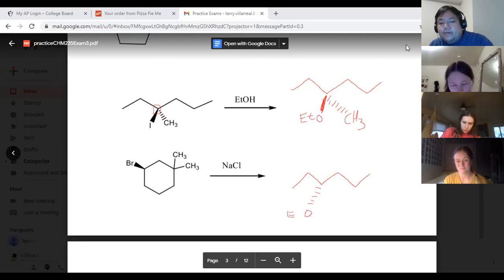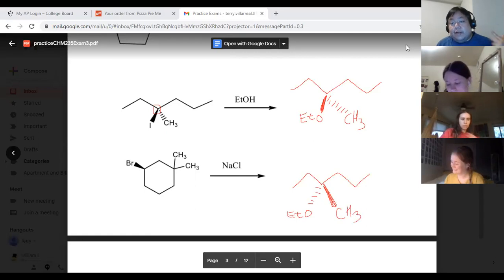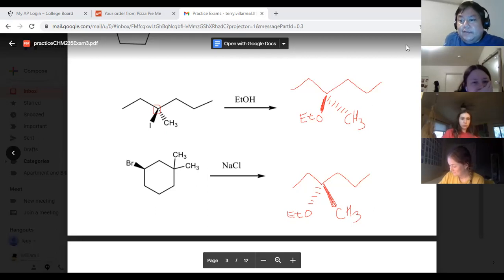It doesn't matter which side we draw it on, just as long as we clearly distinguish that one is a wedge, one is a dash. So that's the only important thing. But in an SN1 reaction, when you have a stereo center, you're going to get a mixture of both, retaining the stereo center and inverting it, a 50-50 mix. Okay? Both of those down?